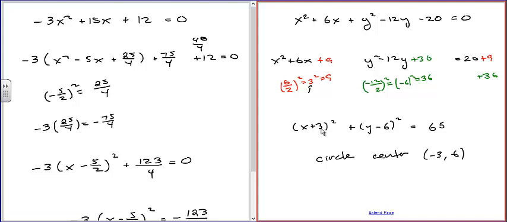So these parts in the completed square give you the x and y coordinates of the center, and the radius is equal to the square root of 65. The simplest circles are x squared plus y squared equals r squared, where r is the radius. If you have the center offset, then you have these terms here where you have x plus or minus some number squared.